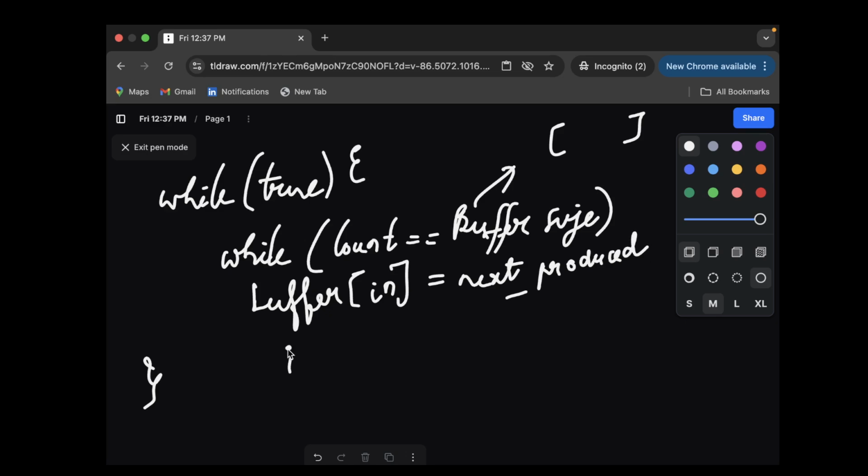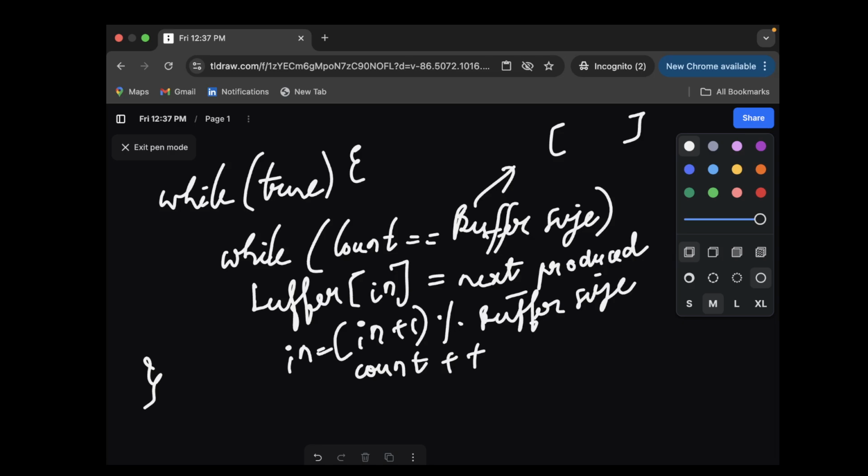And then this is for increasing the count, right? So instead of doing i plus plus, I'm doing this modulus thing.